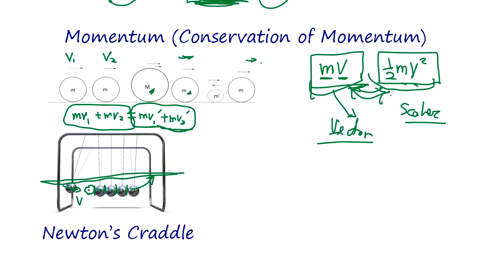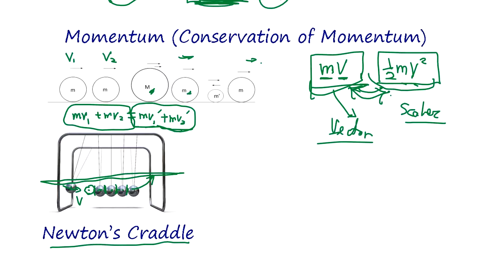So it just keeps repeating. This is a very good example of transferring momentum. It's called Newton's cradle.